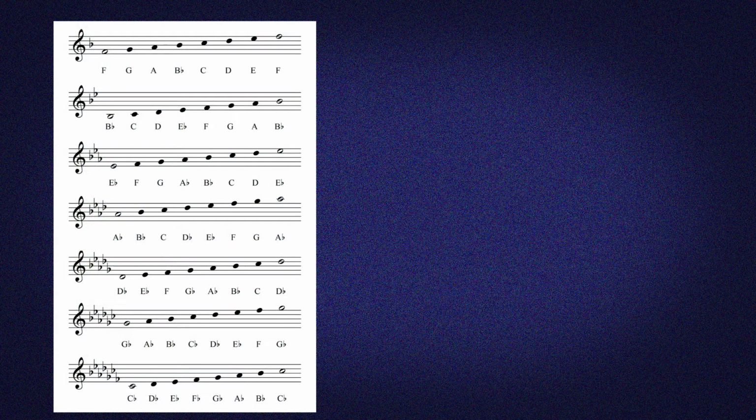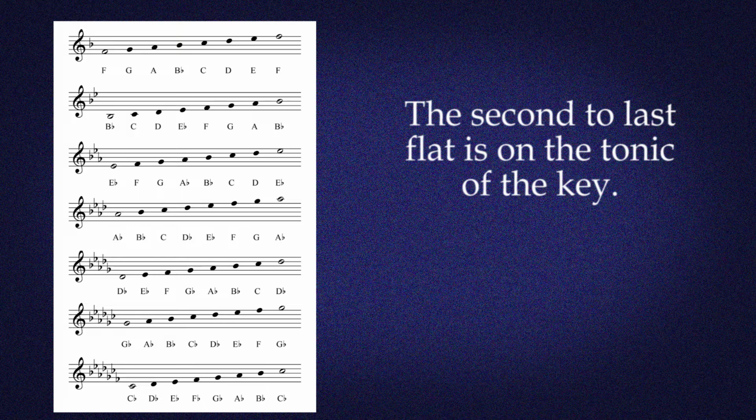Unfortunately, the keys that use flats are a little more complicated, but not much. Instead of using the last sharp to figure out the key, for the flats, it's the second to the last flat, and this flat is actually the name of the key. This doesn't help with F because there's only one flat, but if we look at B flat, we have 2 flats, B flat and E flat, so the B flat tells us the key.